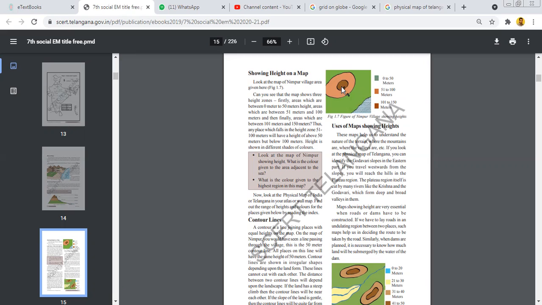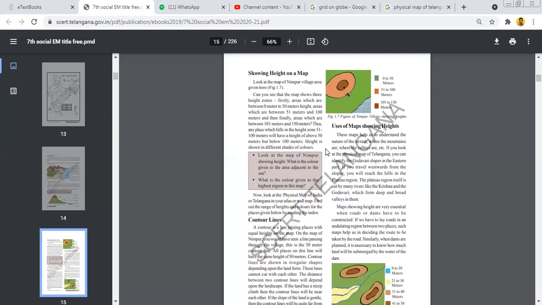And if this center color is shown anywhere, those areas are more than 101 meters and below 150 meters height from the sea level. So to show the heights of land above sea level, we can use different colors.